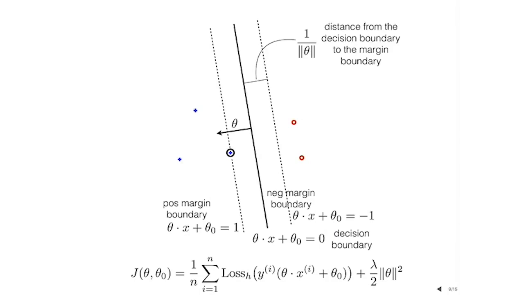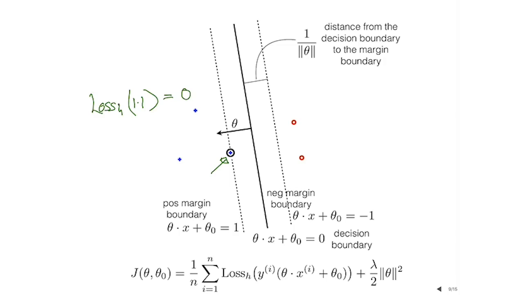So here we have a point that lies exactly on the margin boundary. We know then how to evaluate the hinge loss of such a point. It is positively labeled. The value of the linear function is exactly 1. So the agreement here is 1 times 1 or 1, and the corresponding hinge loss is exactly 0.